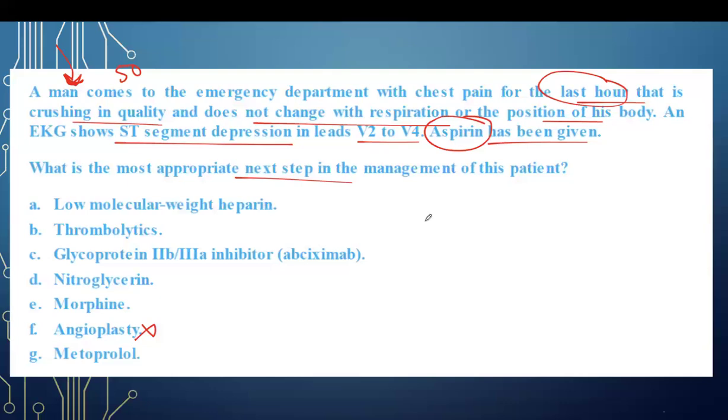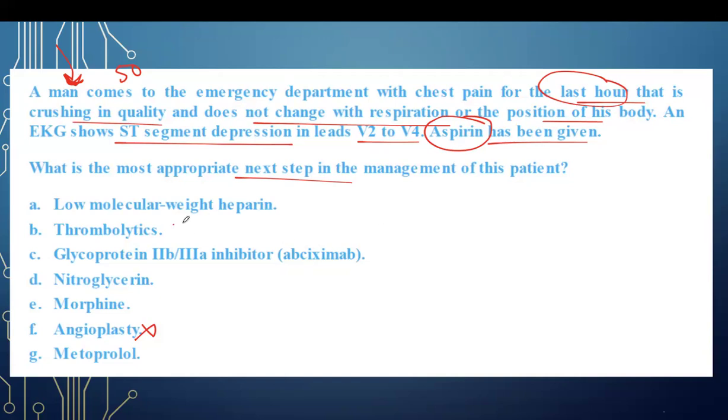In a lot of other questions, as I say, you would choose step-by-step management, like aspirin, morphine, in that way. But in an MI case, this is a bit different. We look at what is going to save the patient, what is the best option we have to give now. So after aspirin, the best option for that patient will be heparin.